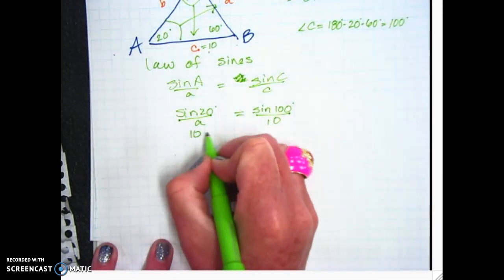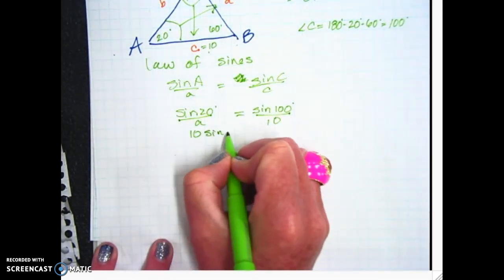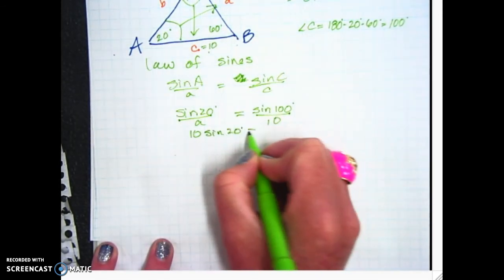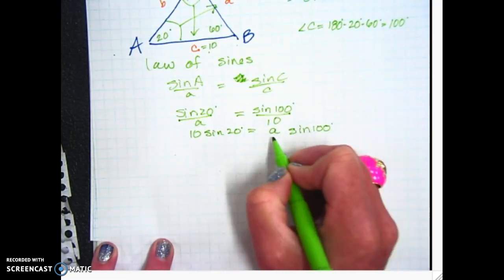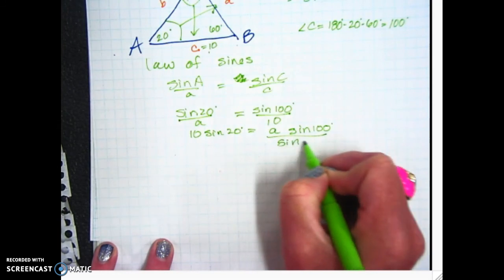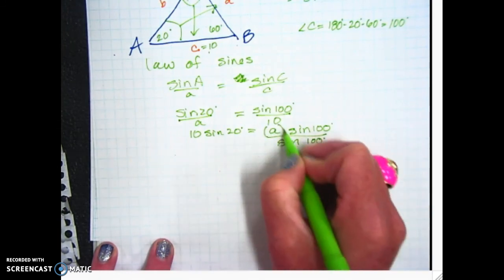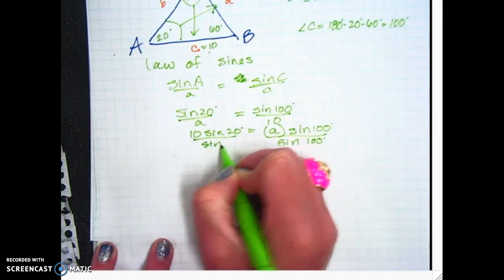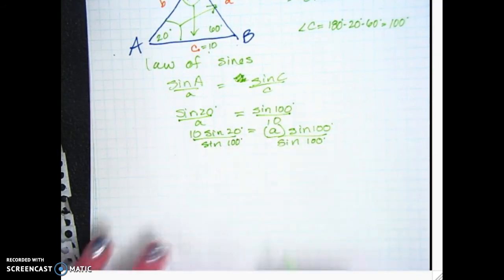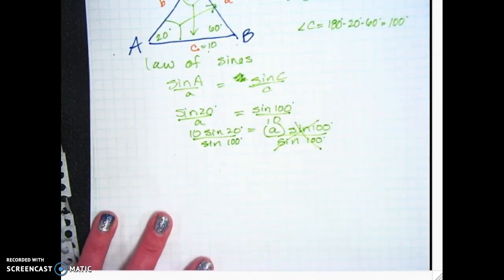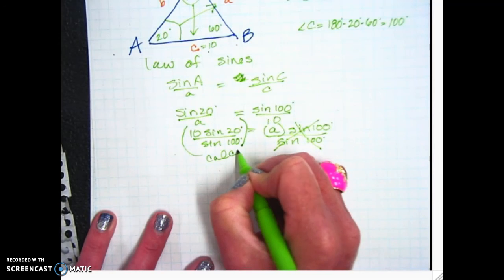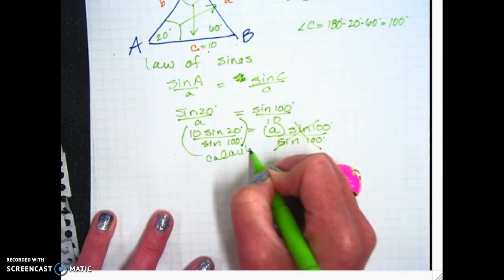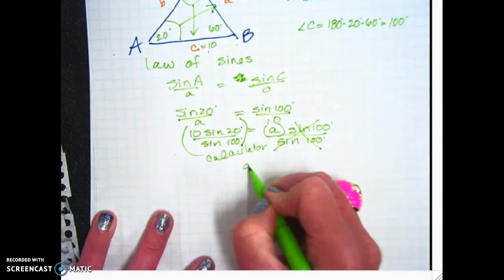So we're going to have 10 times the sine of 20 equals A times the sine of 100. So we want to divide by the sine of 100 to get that A by itself. So the sine of 100 will cancel over here. And then we're going to type all of this into the calculator. And that's going to give us side A.